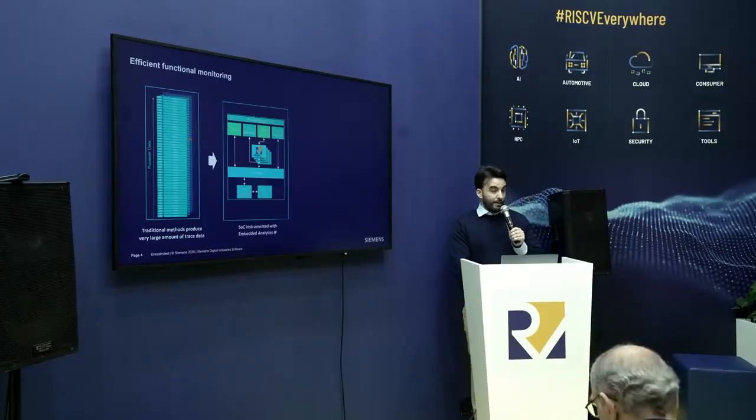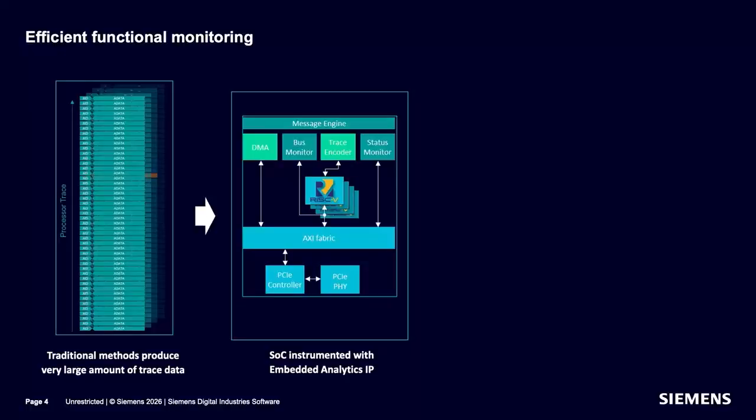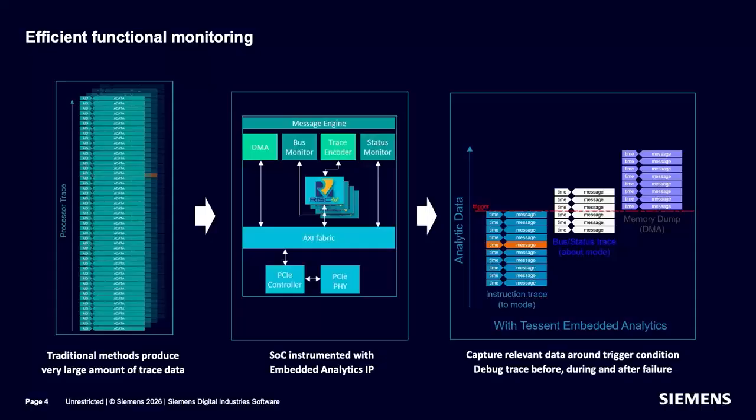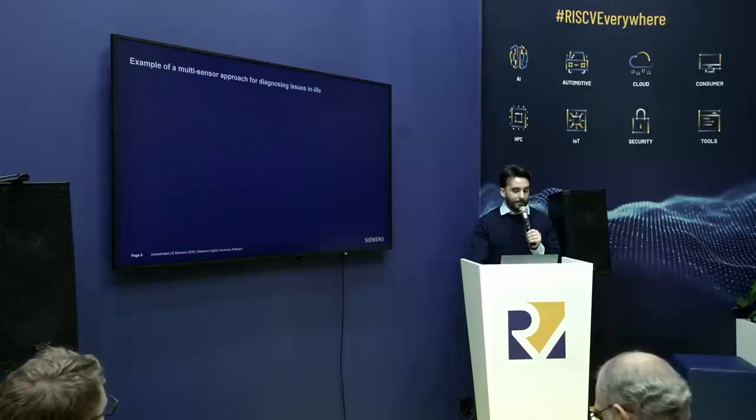So by having Tessent Embedded Analytics use cross-triggering and being triggered by that specific event, using their internal rolling buffers, we can actually obtain some information of what happened before, during, and also after the event. And this will help us understand what really happened.